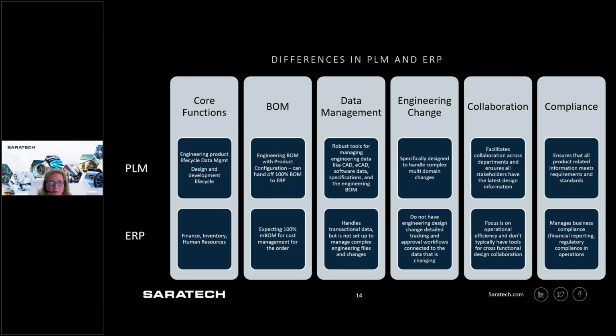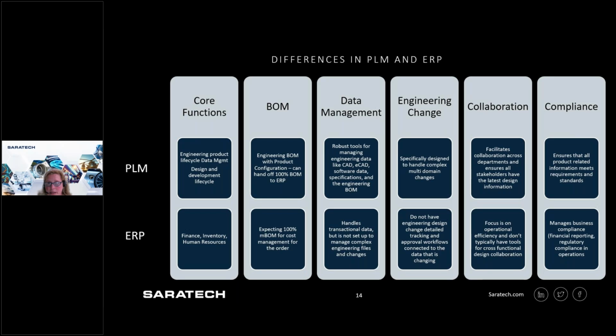And then you have product configuration capabilities allowing for a 150% or overloaded BOM that can be used to configure down to a manufacturing BOM for connection to ERP, because ERP is really expecting that 100% BOM because that's what you're going to build.